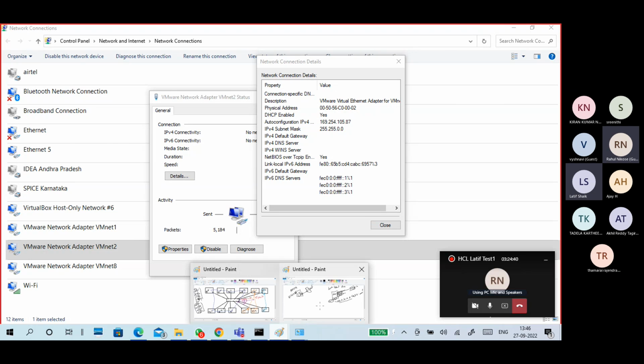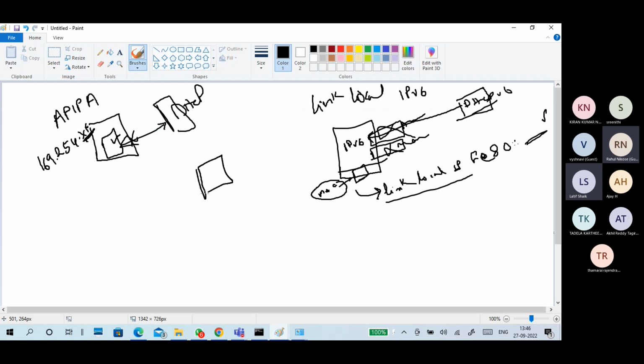So one more thing. You have a PC and you got APIPA. You have another PC. If you want to communicate with each other, you cannot communicate. Even if both are APIPA, they may not communicate. So there is no guarantee they will communicate or not.